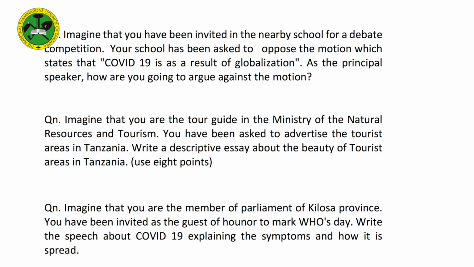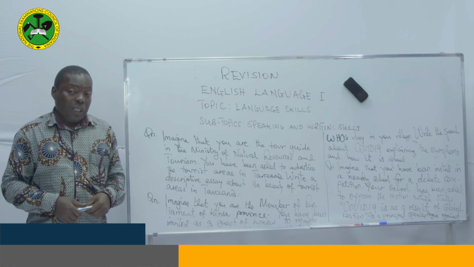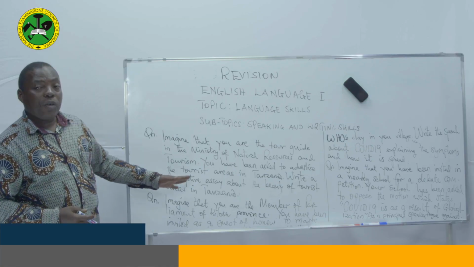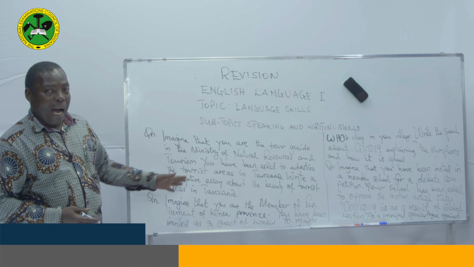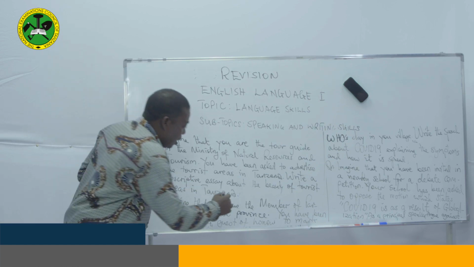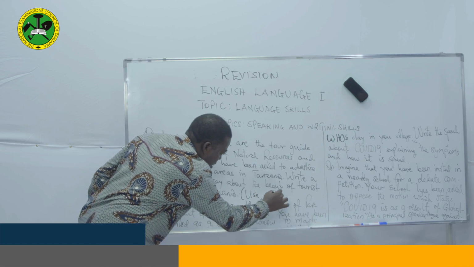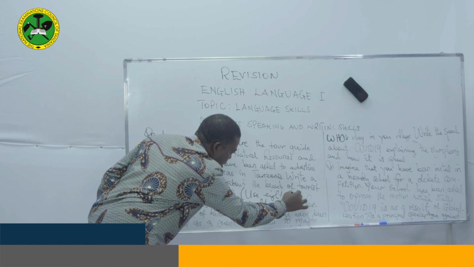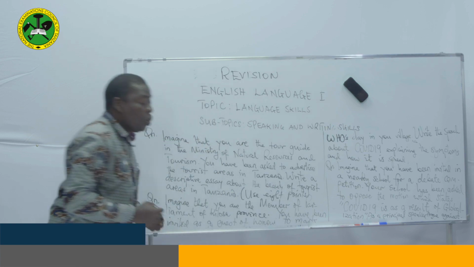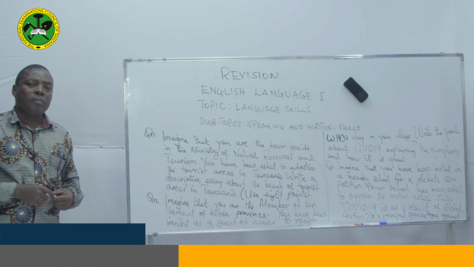But remember, the title of your essay should be the tourist areas in Tanzania. So in this case, again, I have left you free. I could have added saying, use 8 points.